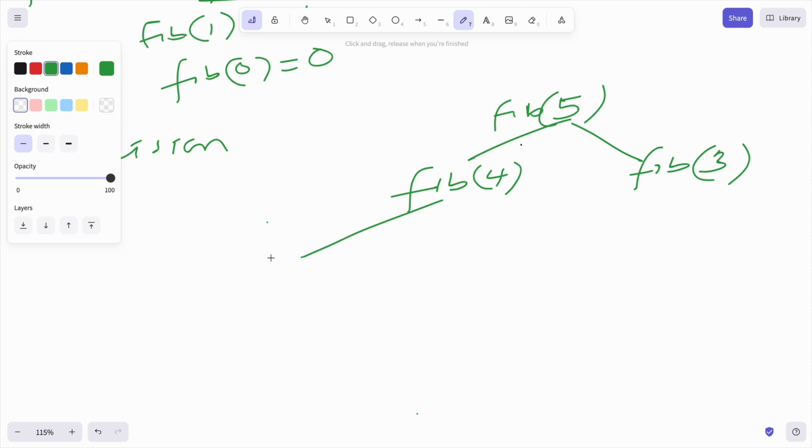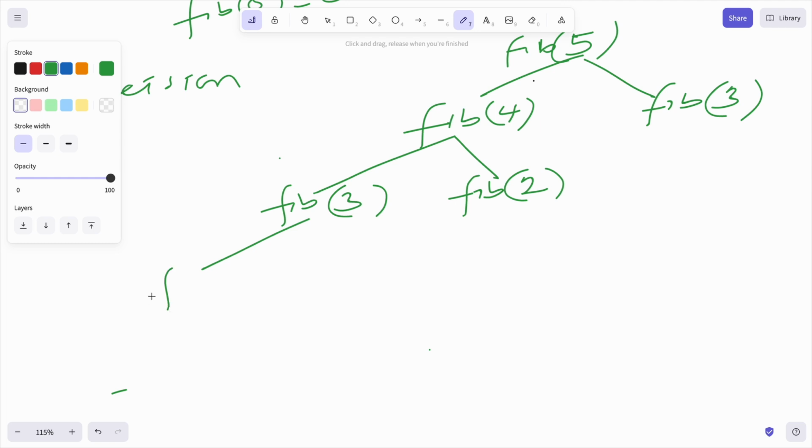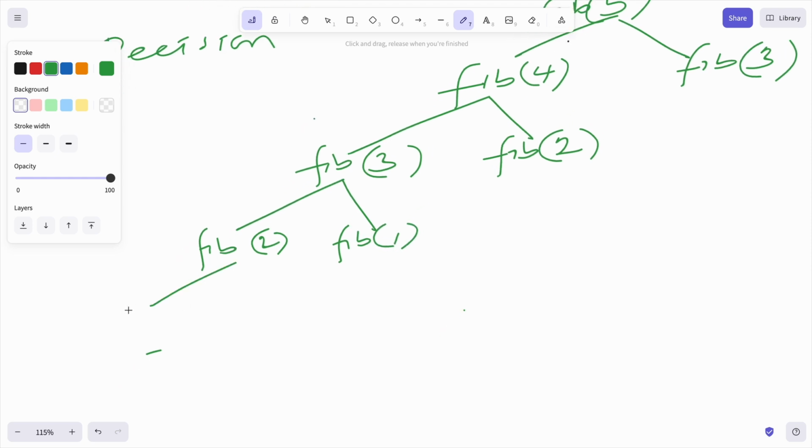For fib of 4, we need fib of 3 and fib of 2. Fib of 3 needs to be broken down into fib of 2 and fib of 1. Remember, fib of 2 also needs to be broken down into fib of 1 and fib of 0.